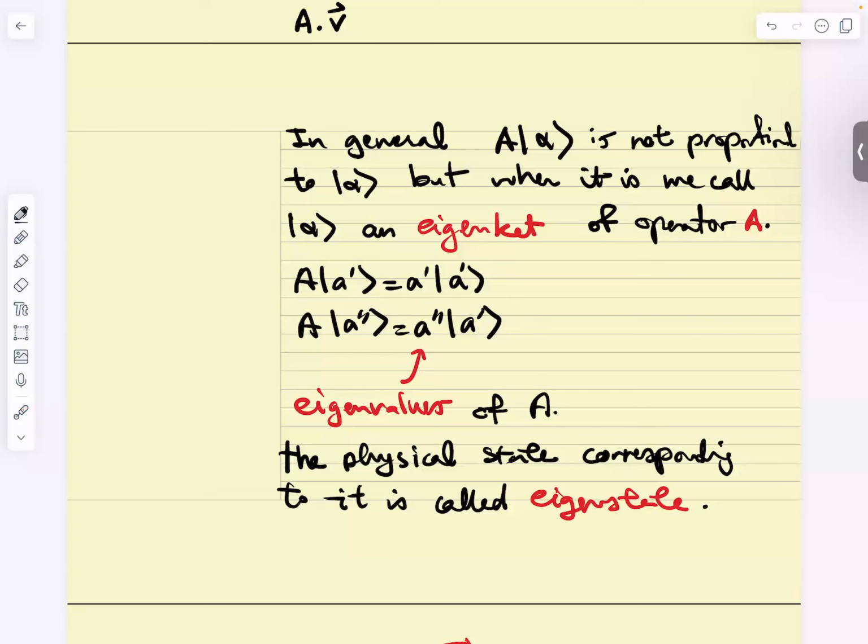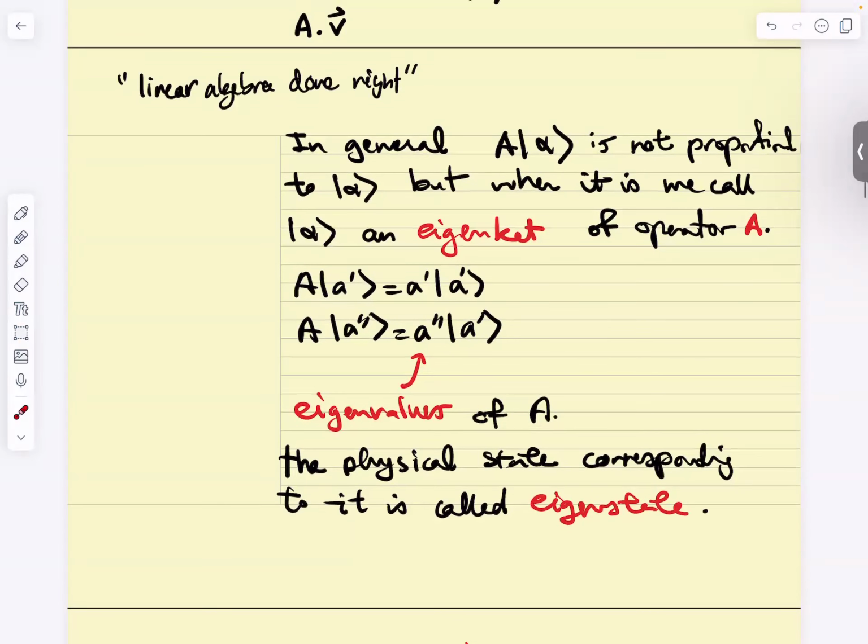If you feel that you're not comfortable with eigenvectors and eigenvalues, I absolutely recommend reading this book. This is by far the best book I know: Linear Algebra Done Right. It is perhaps the best textbook you could pick up to familiarize yourself with linear algebra and just catch up. Good?